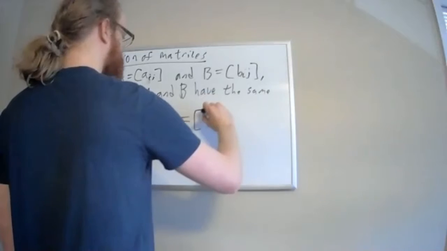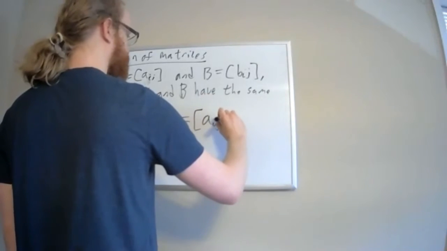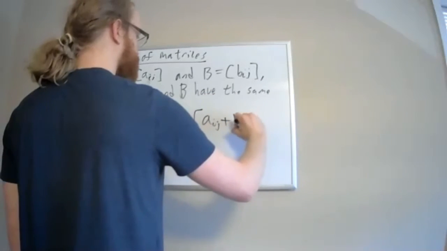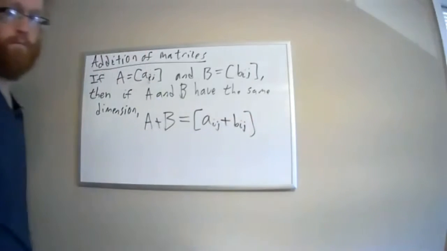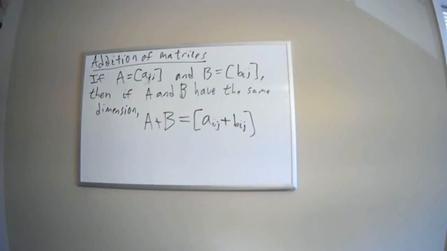A plus B will be the matrix whose entries are the sums of the entries of A and B. So I just add the corresponding Aij and Bij together. Okay.